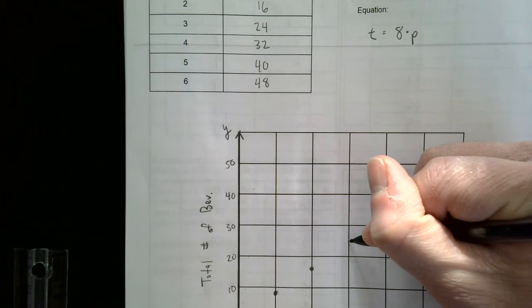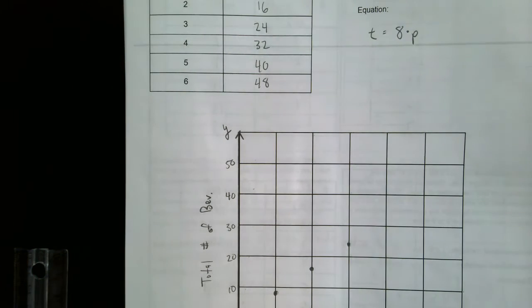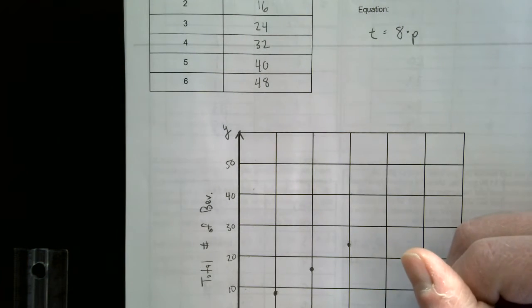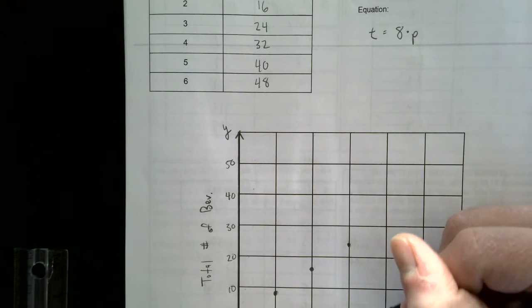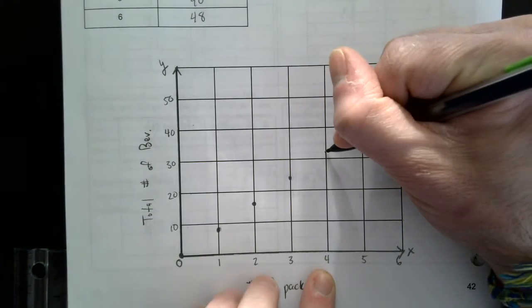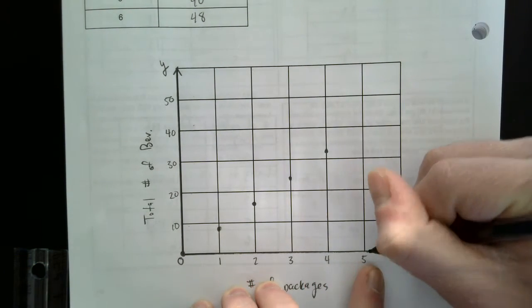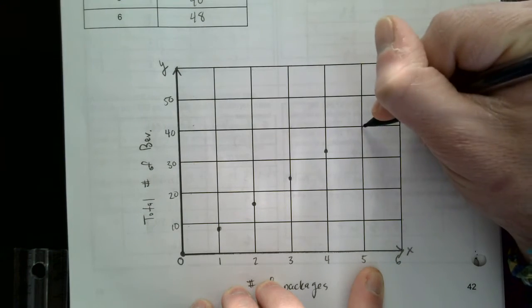There's 25. 24 would be right below that. Nice. It's looking pretty good so far. 4, 32. 30, there's 30. 32 would be just a little bit above that. 5 would be 40, which is right on the money. 5 for 40 is going to be right there.